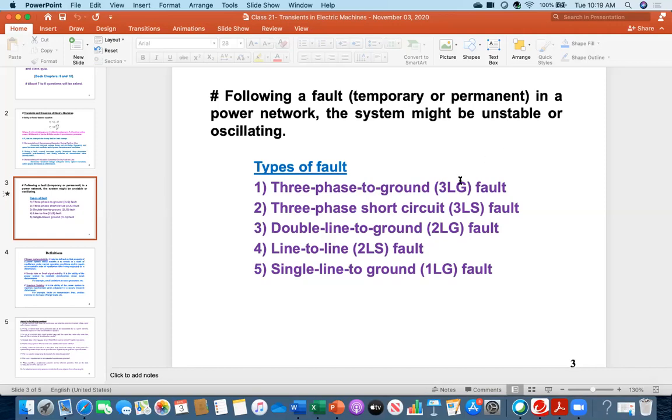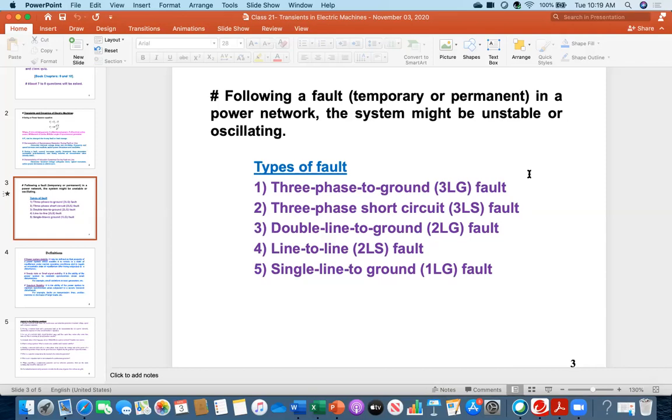For example, a tree has fallen and the branches of the tree got stuck with the 3 lines or 2 lines or 1 line. In that case, unless the operator or crewman, power engineer, come from the MLGW and fix the issue, the fault is going on, right?